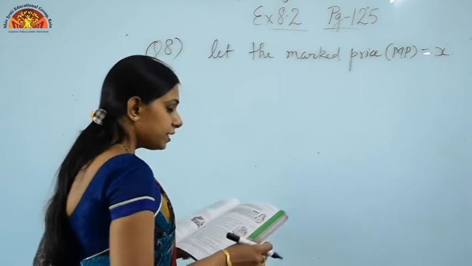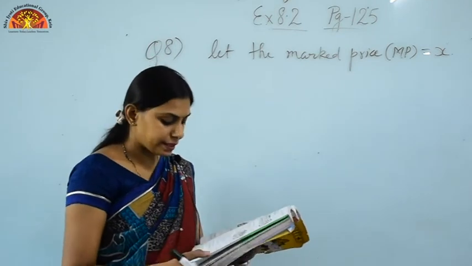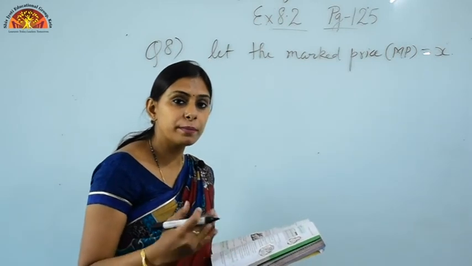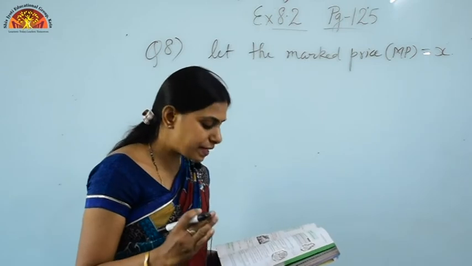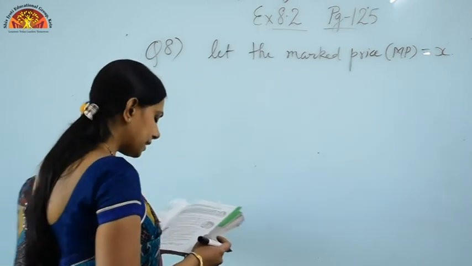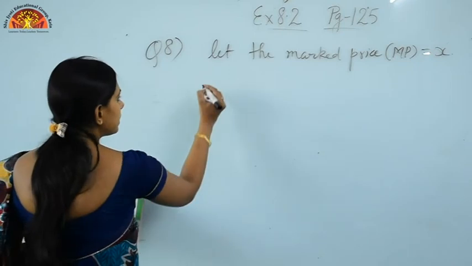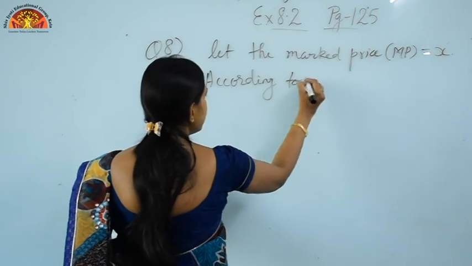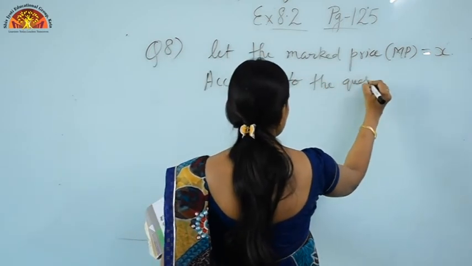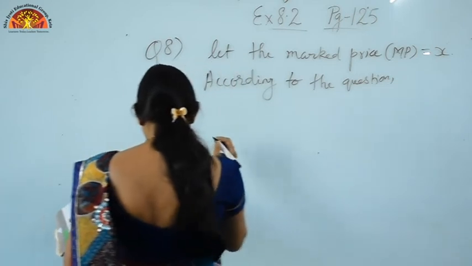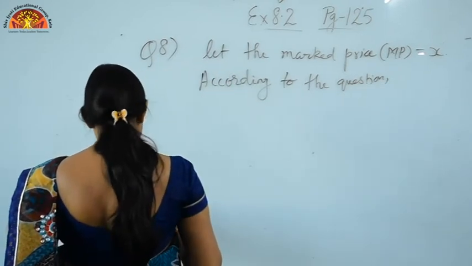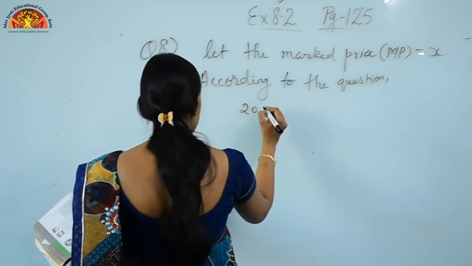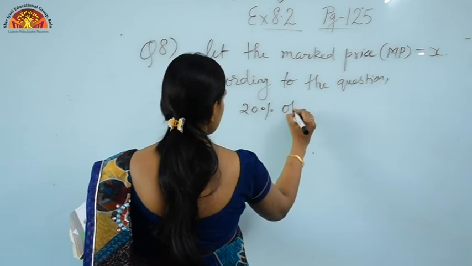Now he has just got a discount of 20%. कितना डिस्काउंट मिला था उसको 20%. और डिस्काउंट के बाद उसने पेमेंट कितने का किया था, that is, he has just paid an amount of rupees 1600. So we can just write it down according to the question. 20% was the discount, so we can write 20% of x.